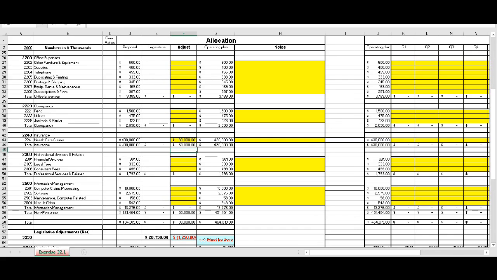You'll notice over here under the operating plan, this is the proposal. This is the legislature has said to do this, all right, the adjustment is this. Over here on the notes, you would put something like legislative decision.